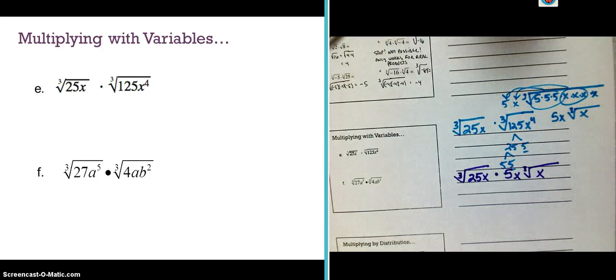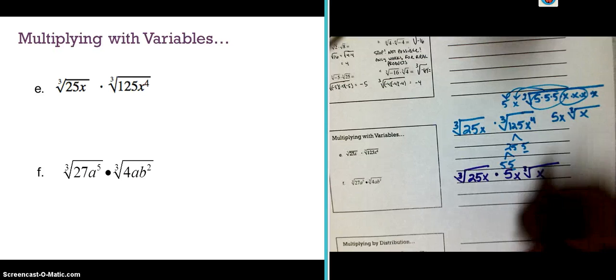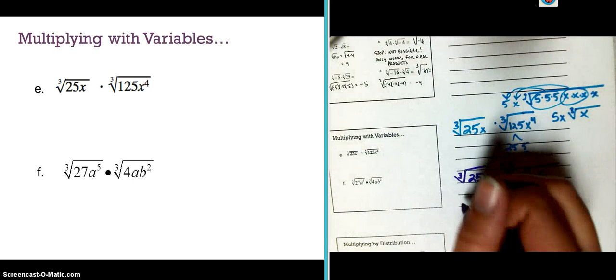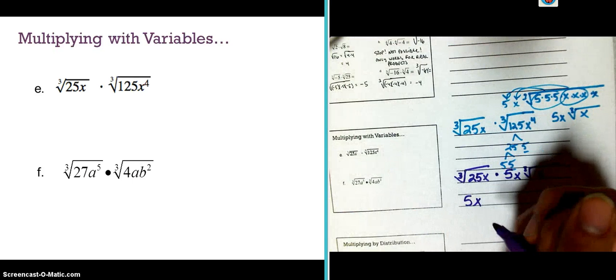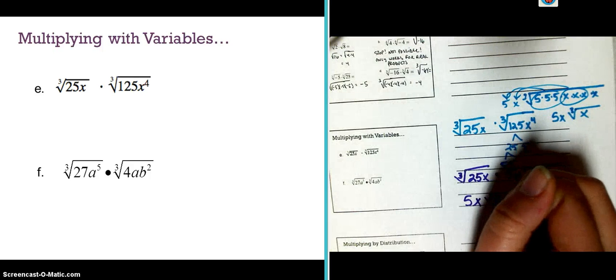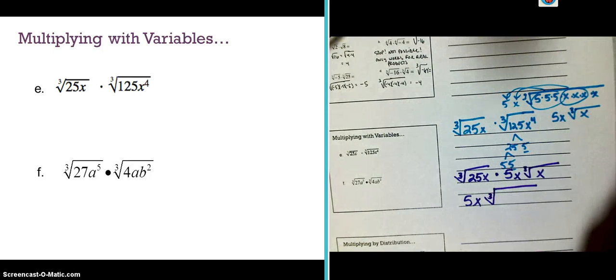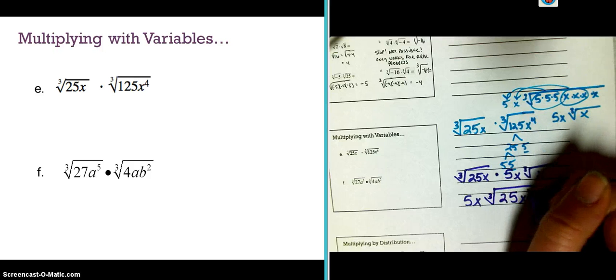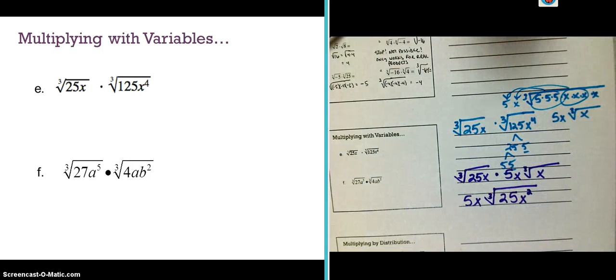And when I multiply these, I have nothing to multiply 5x with because there's no number outside of the radical over here. So it just stays 5x. It's still a cube root. We never change the value of our root when we're doing these. And we have 25x times x. Well, that is just 25x squared. Okay, so that's the answer to E.